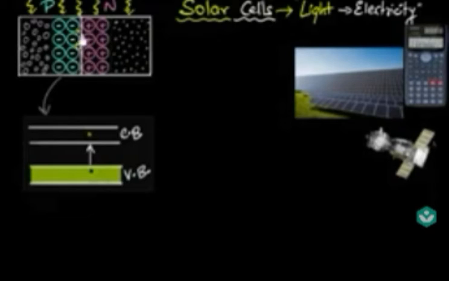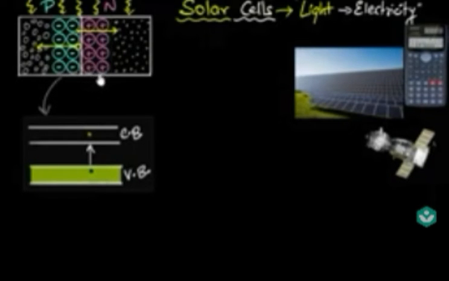Now before they have a chance to recombine, look at this electron. It gets attracted by this positive charge and accelerates in this direction. This hole, similarly, is attracted by this negative charge, or you can say it is repelled by the positive charge, and accelerates this way. Before they have a chance to recombine, they are swept across due to the field in the depletion region.